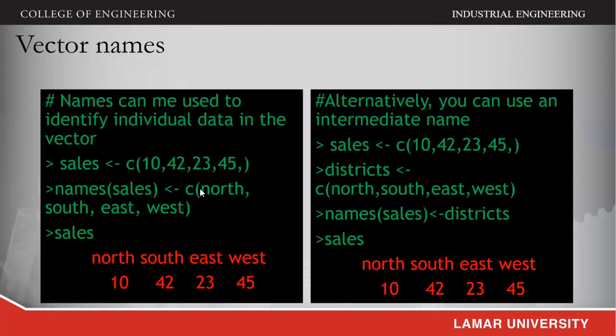So in other words, the feature of names is something that each moment you create a vector, it has a possibility to add names to the positions, and it's up to you to use them or not, if they are convenient for yourself and make it easier to identify the information that you have. So let's do that in the software.